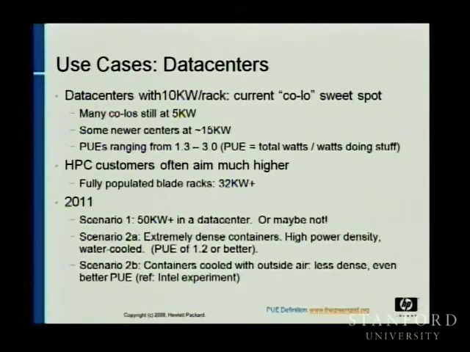And the PUE, which is an efficiency metric, means take the total number of watts that you're using to power your data center, figure out how many of those watts are actually doing something you care about, and divide. It used to be that PUEs were terrible. These days, if you have a PUE of about 1.3, you brag about it.